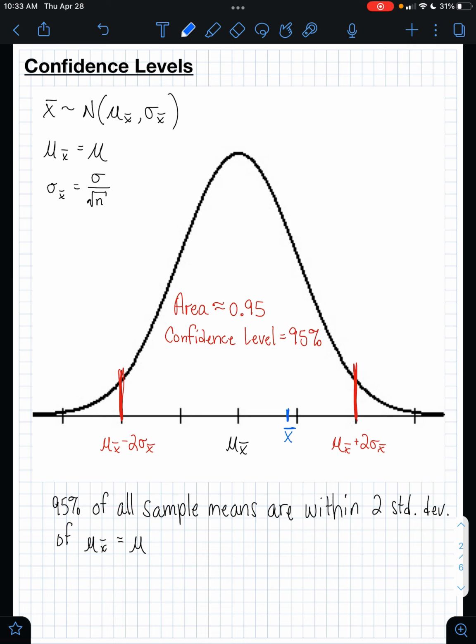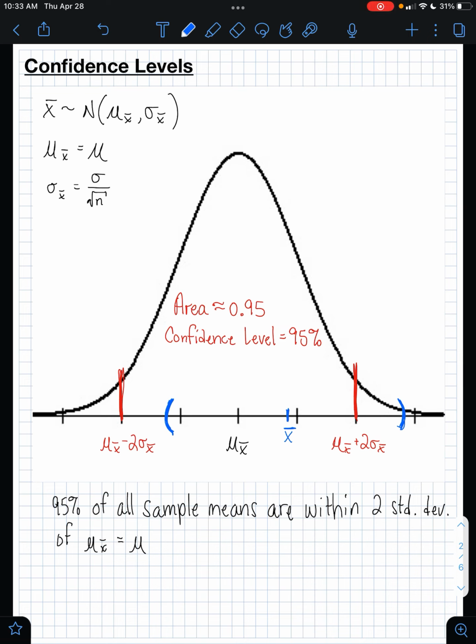So instead of an interval that is centered on mu sub x bar, we're going to take an interval of exactly the same width, 2 standard deviations to either side, but it's going to be 2 standard deviations to either side of x bar.